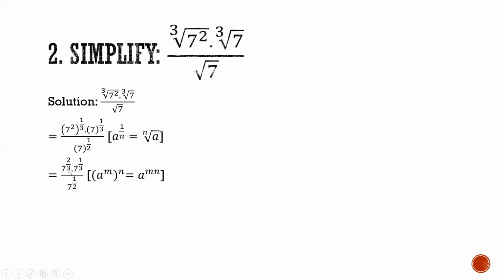So we have two parts, both having the same base 7. So we can apply our law of multiplication. Applying that, we will have 7 to the power 2 by 3 plus 1 by 3. As the base is same, the powers should be added. Here the formula is a to the power m into a to the power n is equal to a to the power m plus n.